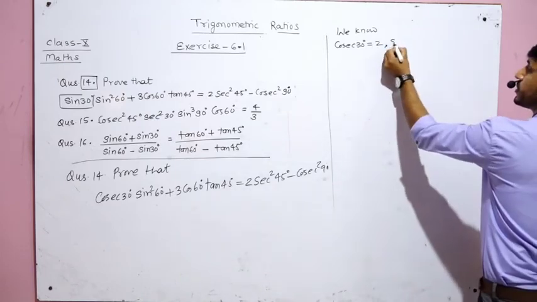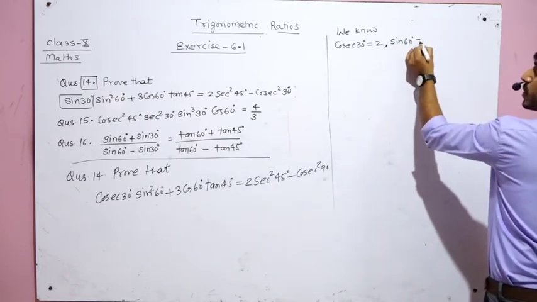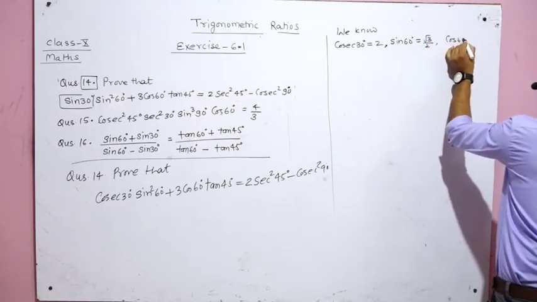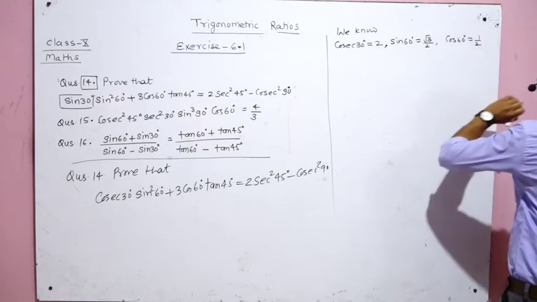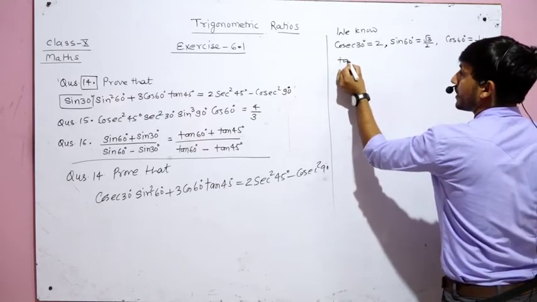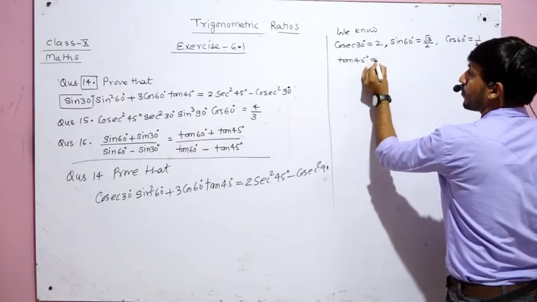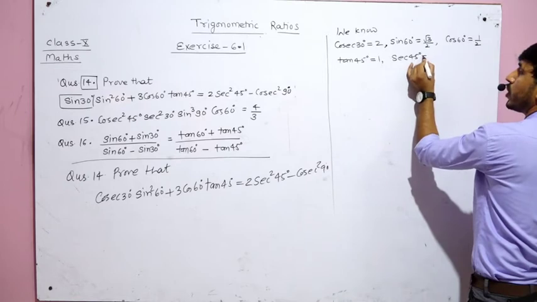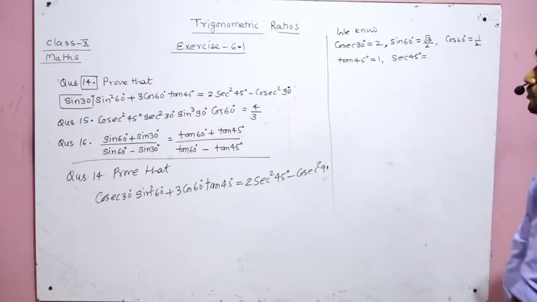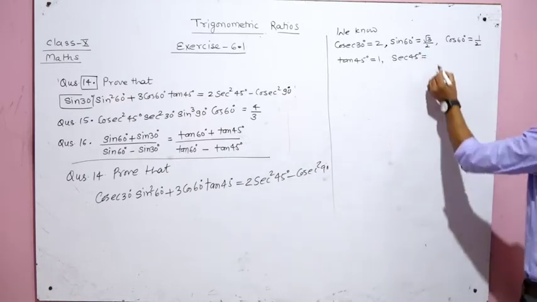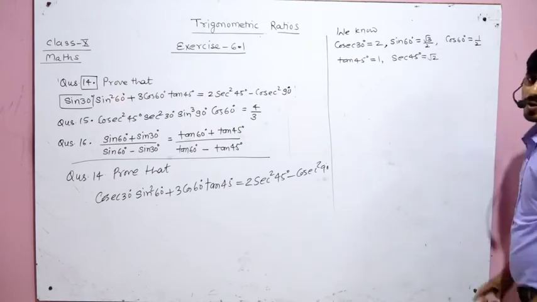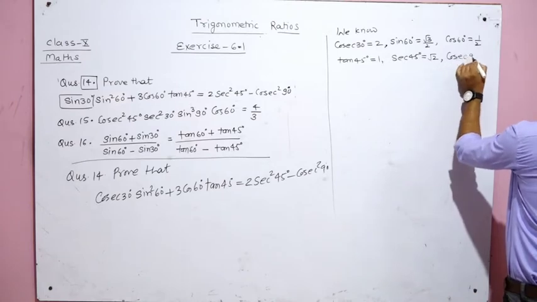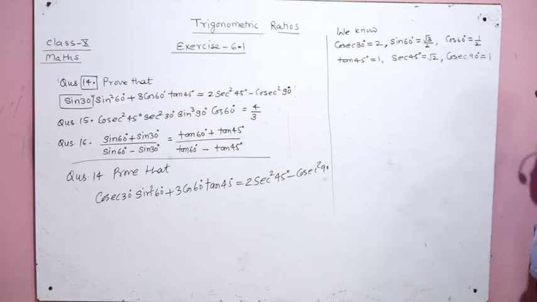The value of sin 60 degree is root 3 by 2, the value of cos 60 degree is 1 by 2, and the value of tan 45 degree is 1. Next, sec 45 degree is the reciprocal of cos 45 degree, so the value of sec 45 degree is root 2. And cosec 90 is equal to 1.